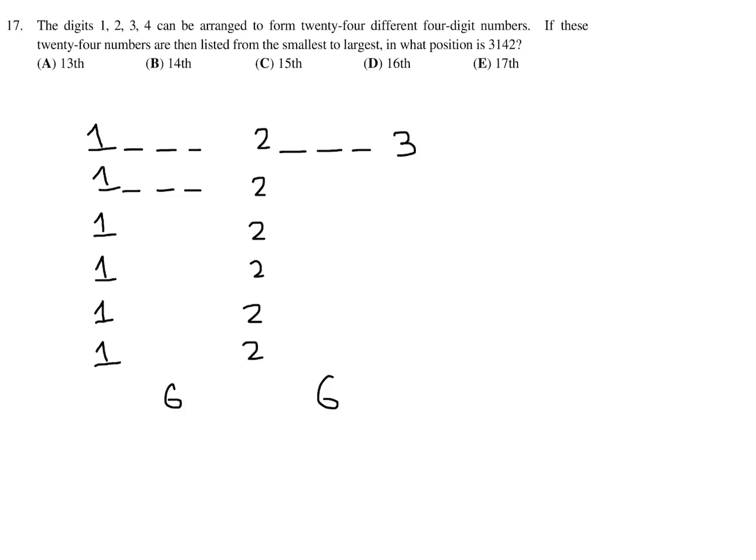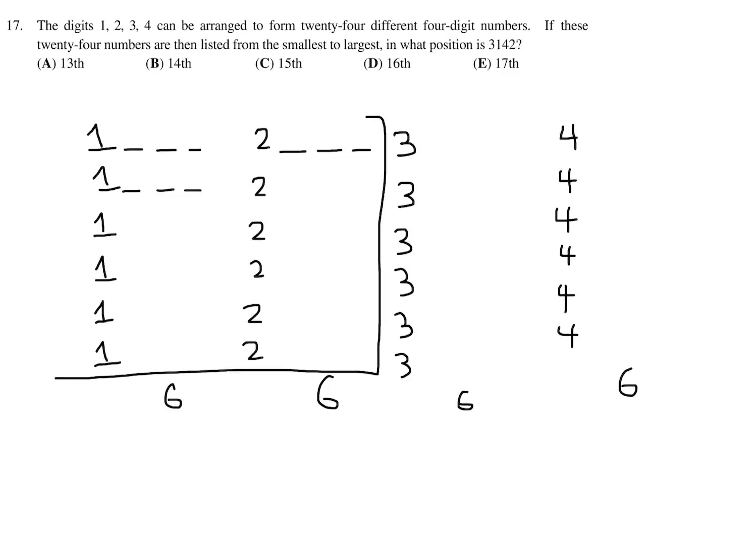And then the next 6 will begin with 3. And similarly, the last 6 will begin with the 4. Now we are not interested in the first 12. We only are interested in the numbers that begin with the number 3, because 3, 1, 4, 2 is what they've asked us.